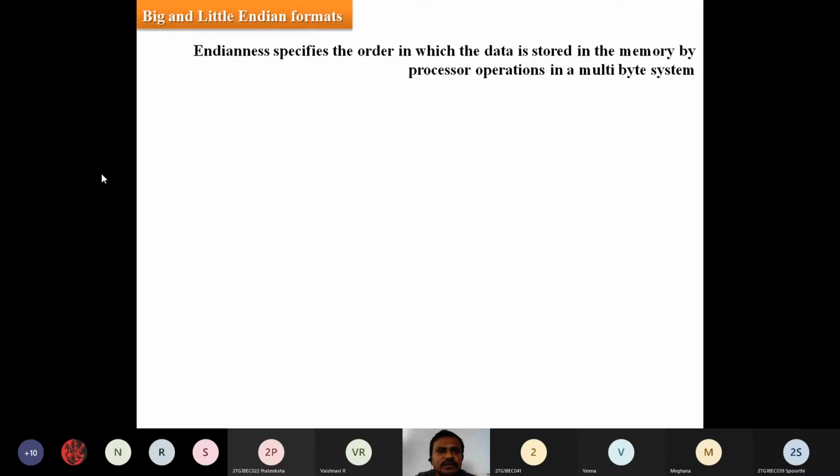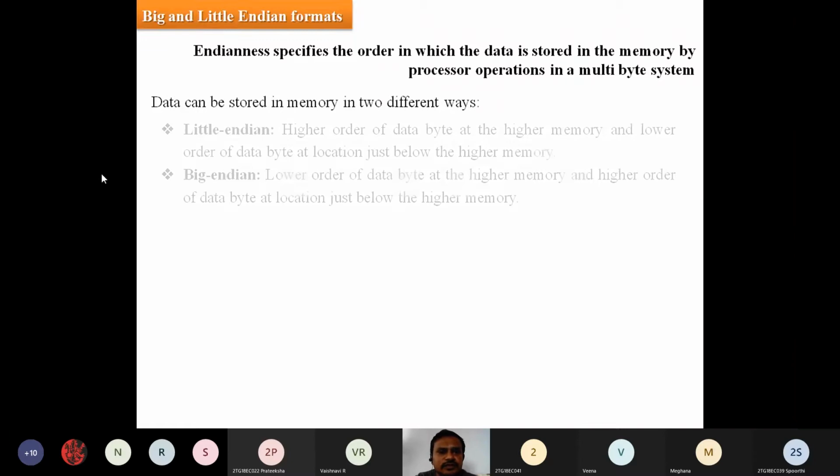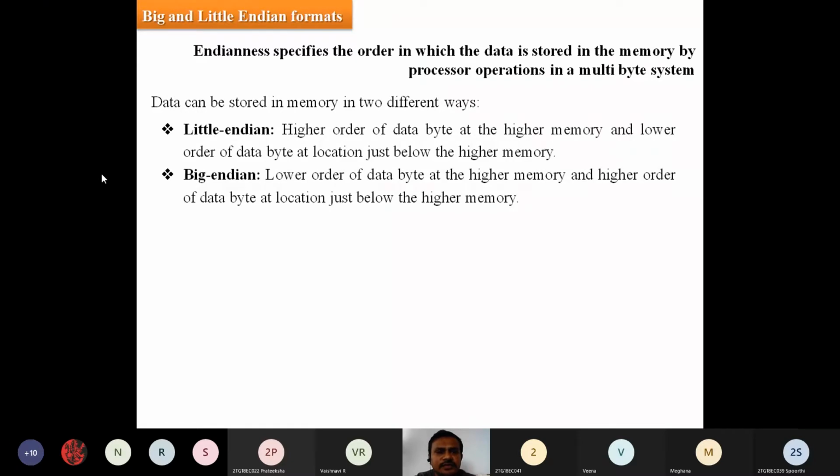So the data can be stored in memory in two different ways. What are those two ways? The first one is Little Endian and the other one is Big Endian. What about this Little Endian concept of storing data in memory?